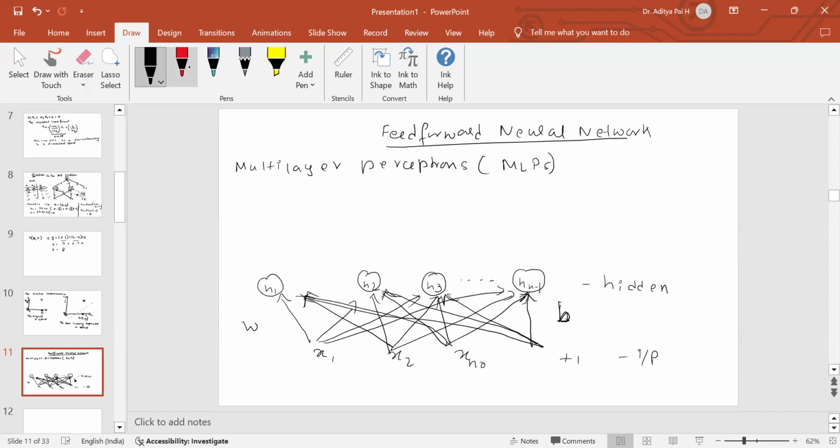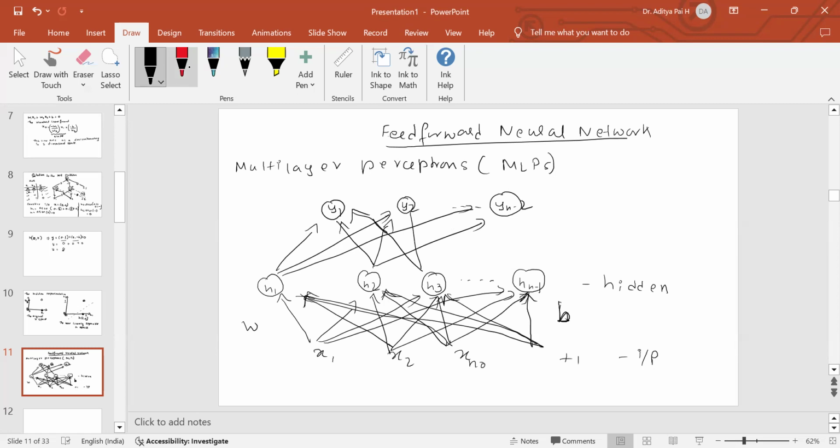And from the hidden layer we are having the output layers like y1, y2, and like that up to yn minus 2. So we are giving the inputs to different nodes, and from the hidden layer it goes to the outputs y1, y2, and yn minus 2. So this is the output layer.